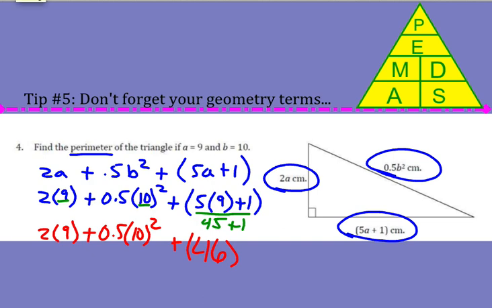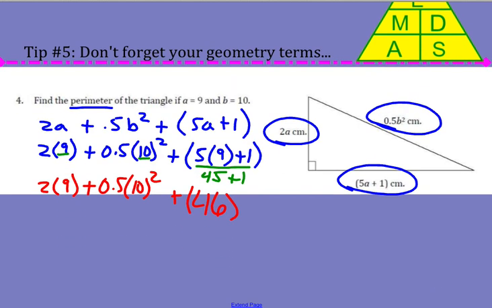So kind of finishing this up here a little bit. Parentheses we already did. I'd go into exponents next, so I'm going to take care of this 10 squared. I'm not squaring the 0.5 here, just the 10.